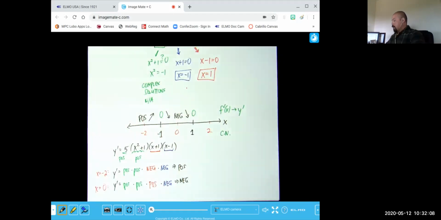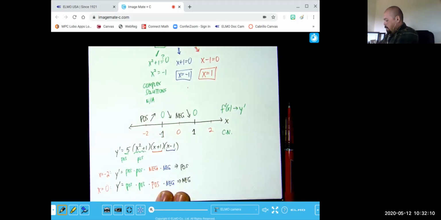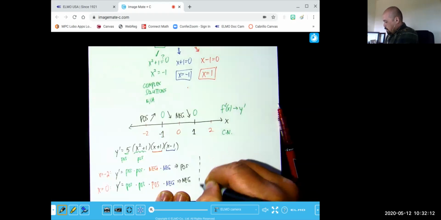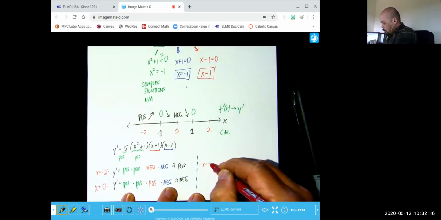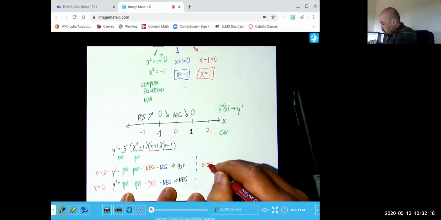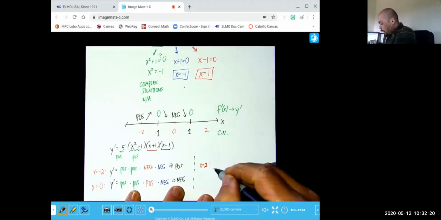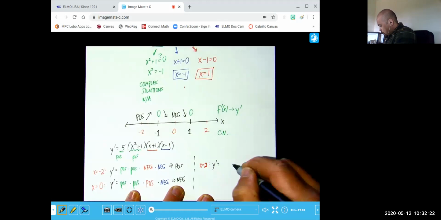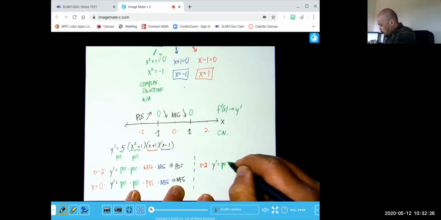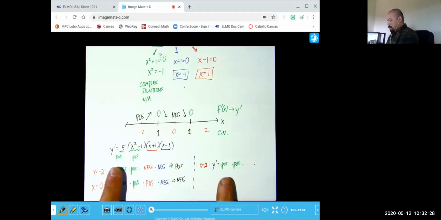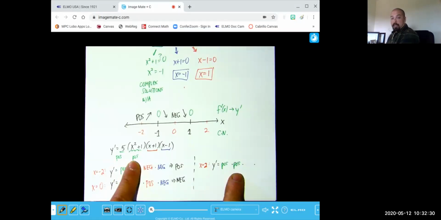Then on this side, we anticipated changing sign again, but we need to be careful here. Positive, positive, so there's the 5, the x squared plus 1, and now x plus 1.